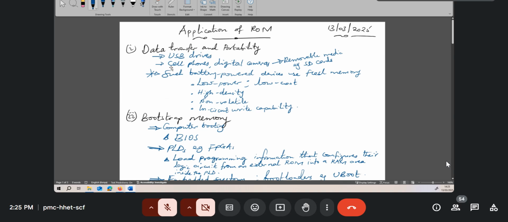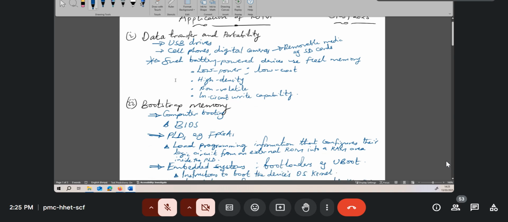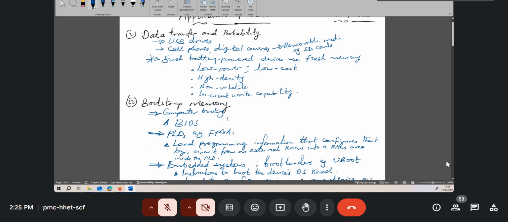So we have talked of data transfer and portability, and also bootstrapping. This includes computers, programmable logic devices, and also embedded systems.